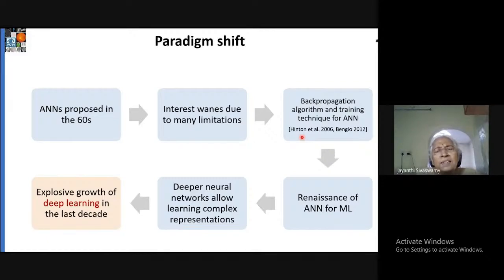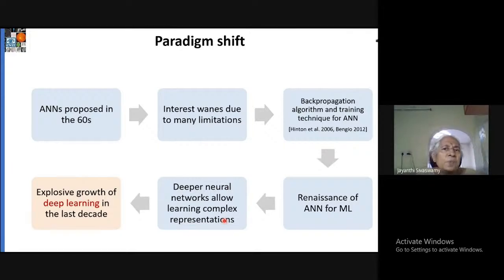Now these two, the training technique, which allows you to do gradient descent based training, really meant that I could have a renaissance of artificial neural networks, in the sense I could build deep neural networks, and I can train them layer by layer so that the whole network learns complex representations. So the early stages of the network do basic stuff, edges, and then progressively as you move deeper in the network, it learns more and more sophisticated features or complex representations.